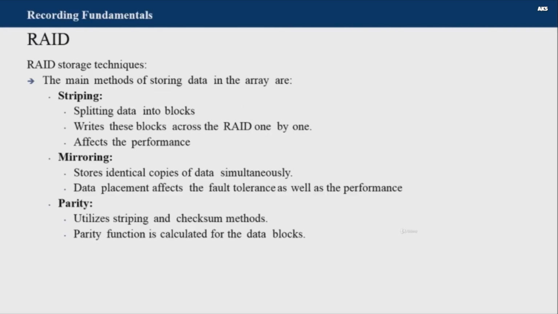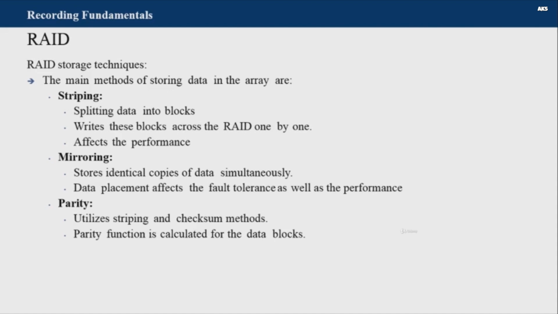Let's move now to the RAID storage techniques. RAID means redundant array of independent disks. It treats several hard disks as one logical unit in order to increase data redundancy and performance. Some key terms to understand when we're talking about RAID are striping, mirroring, and parity.